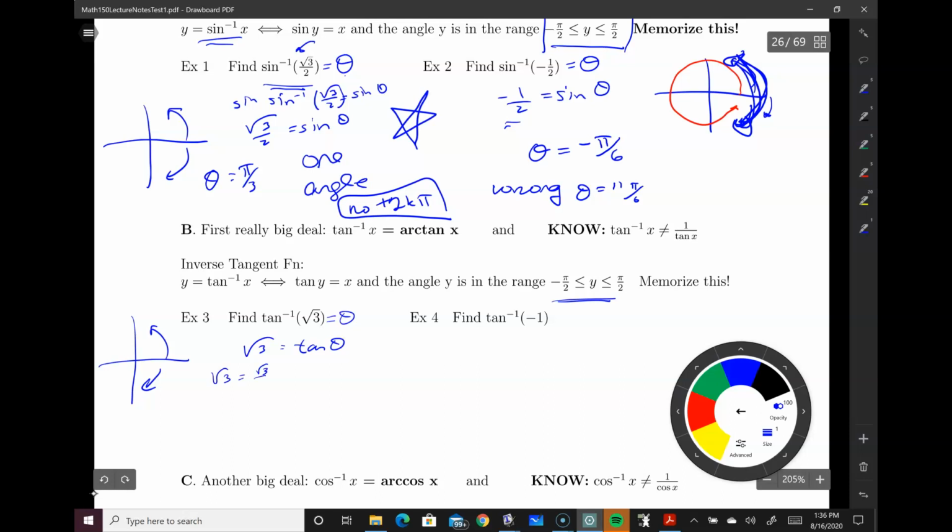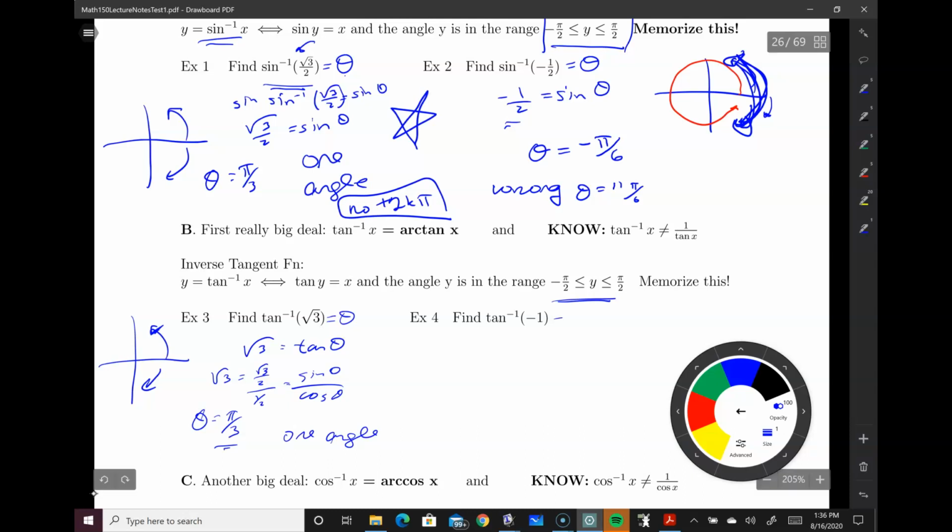That means the sine has to be root 3 over 2, and the cosine has to be 1/2. So sine over the cosine. When does that happen? They either both have to be negative or both positive. I only have the both positive option, so that means the one angle is pi over 3. Remember, there's one angle on these answers, no 2k pi.